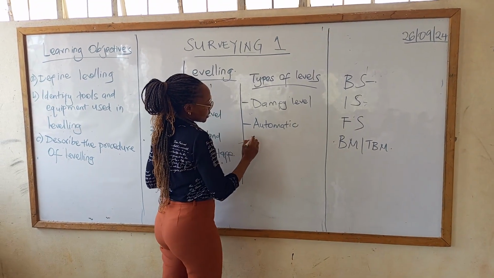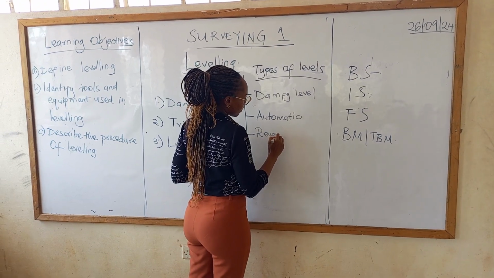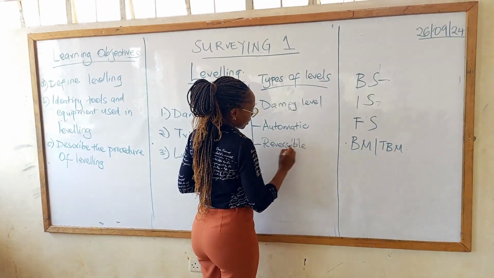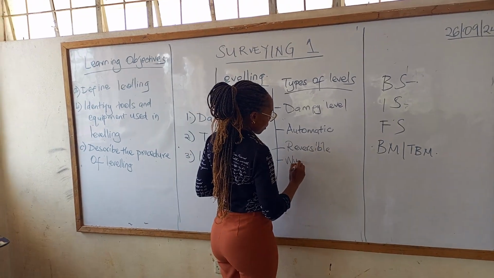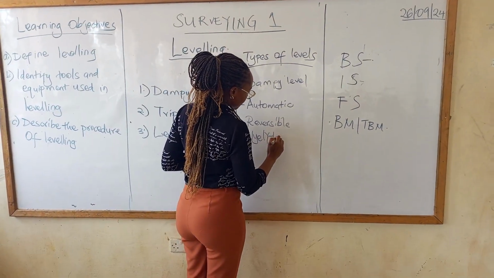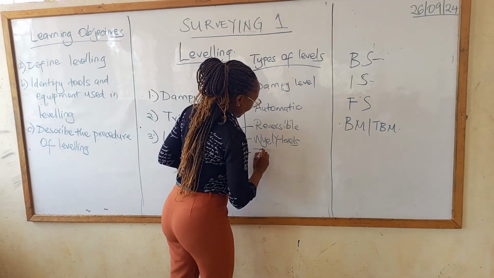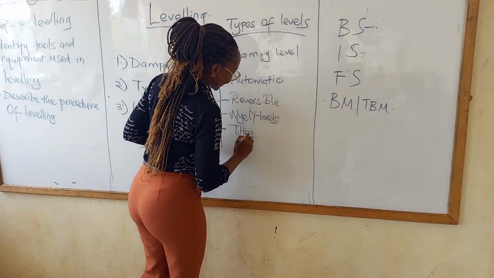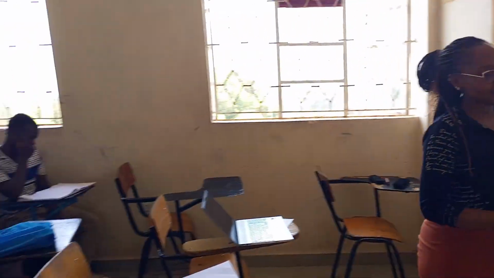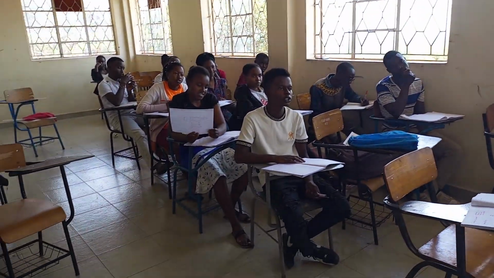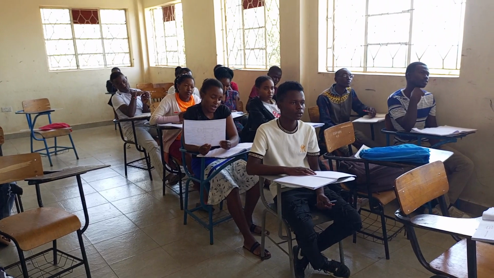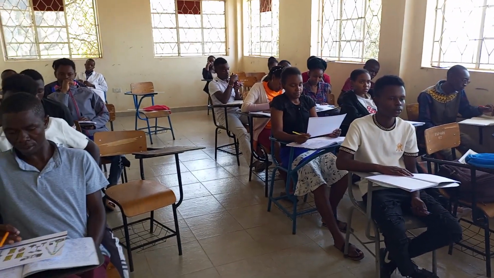There are others like reversible. There are others like Y levels. Tilting. I can see you did your research. That's good. Digital. Is there another one?